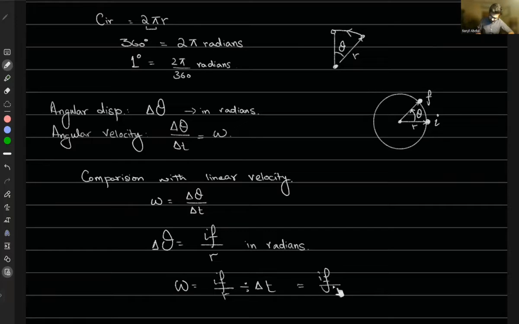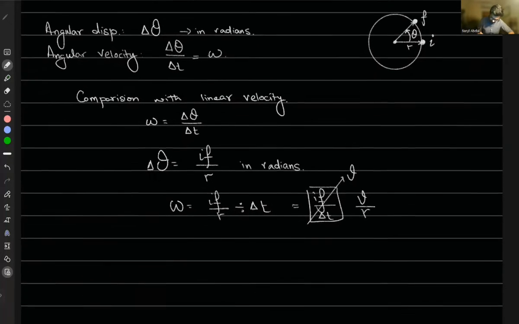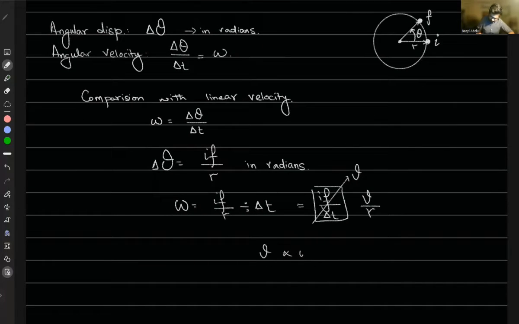I divide this by delta t, and then I have this divided by r as well. So this part will give me linear velocity v. And then this linear velocity v is being divided by r, which gives me a relation between v and omega. So we can see that v and omega are directly proportional, with v equal to r omega. So this radius of the circle is really the constant of proportionality between v and omega.